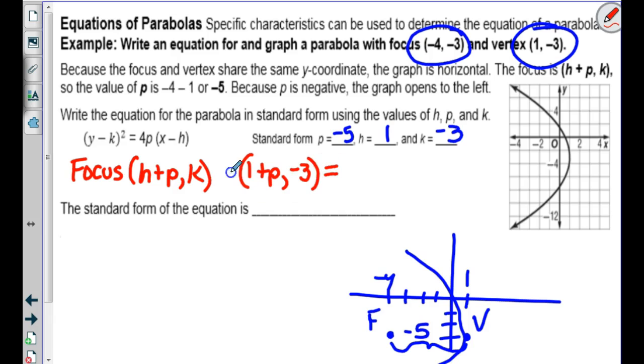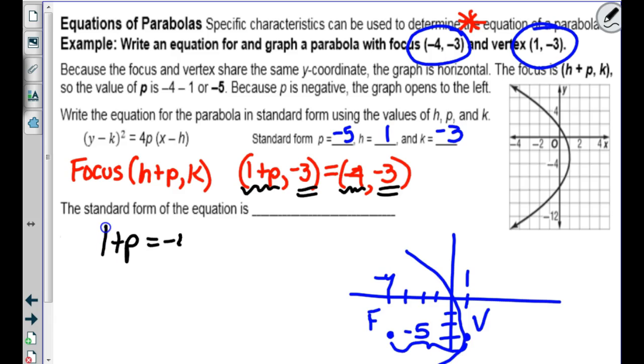And somehow that focus point became (-4, -3). Anybody see what I can do to solve that now? Well, this was right. This is just -3. But can I find P by setting that equal to that? So 1 plus P somehow became a -4 in the focus point. So that makes P -5. Without ever drawing a picture, I could have figured it out algebraically using the recipe.